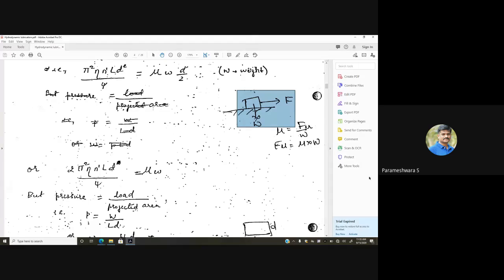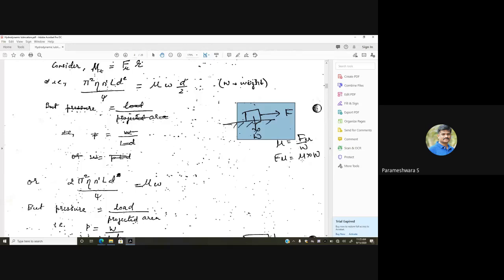What I need is the expression for this mu, that is the coefficient of friction.